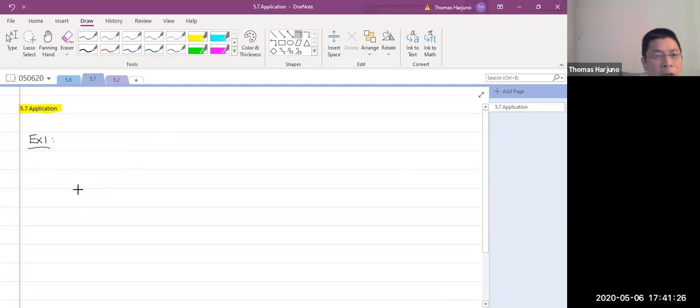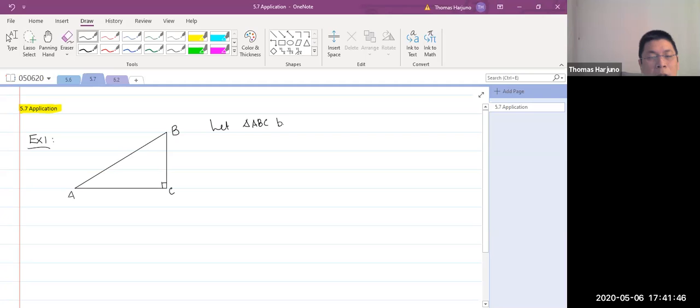I somehow think I did this part already before. Let's say this is vertex A, B and C. So I will say let triangle ABC be a right triangle, with the right angle at C.